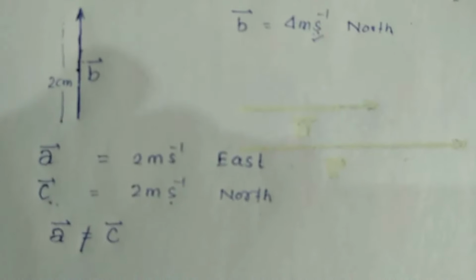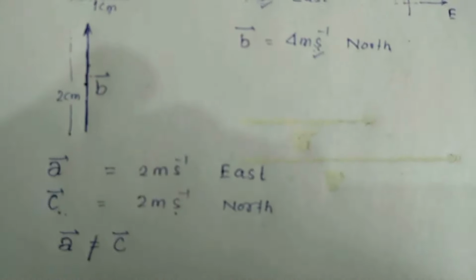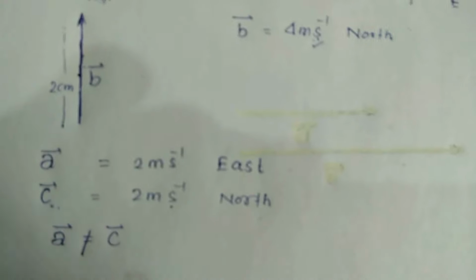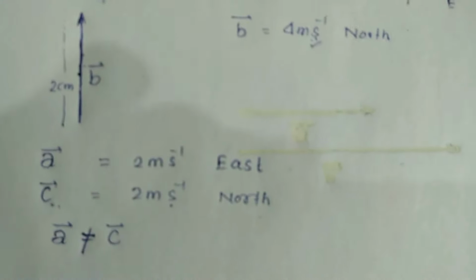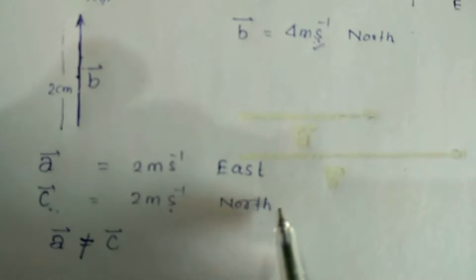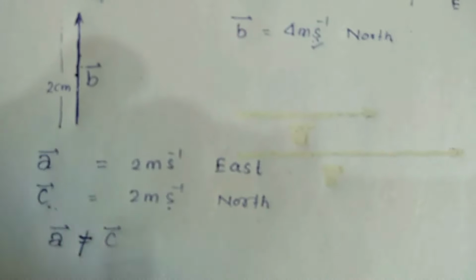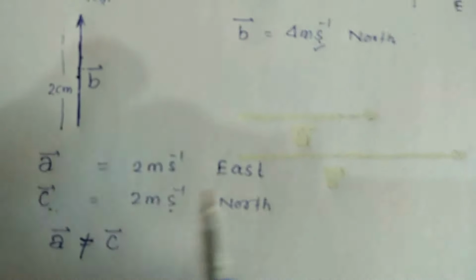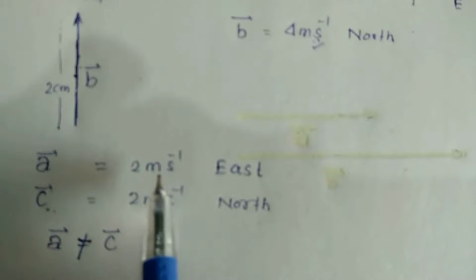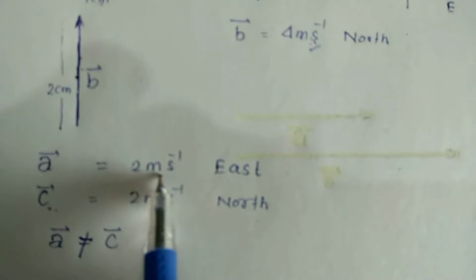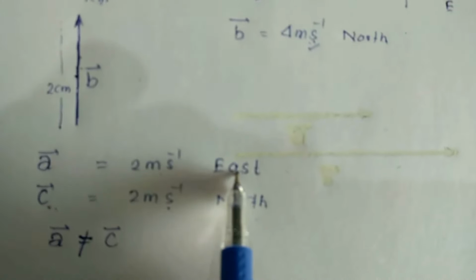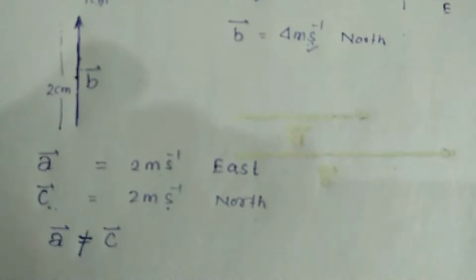I am saying that if either magnitude or direction changes, the vector will change.